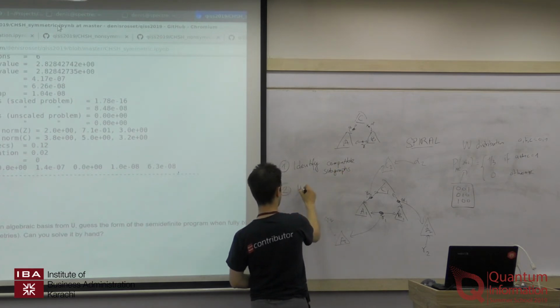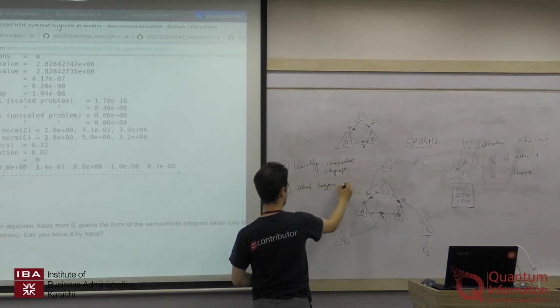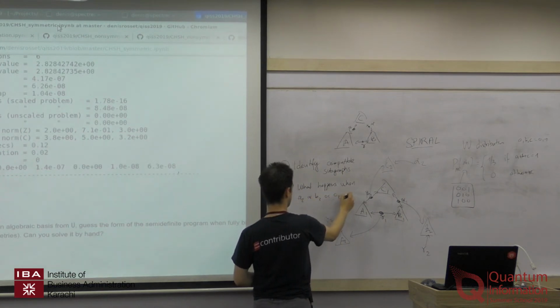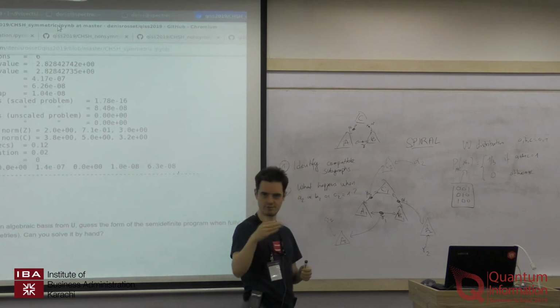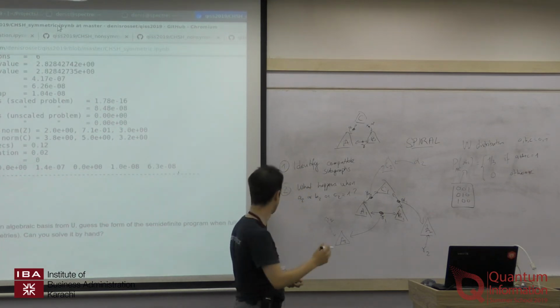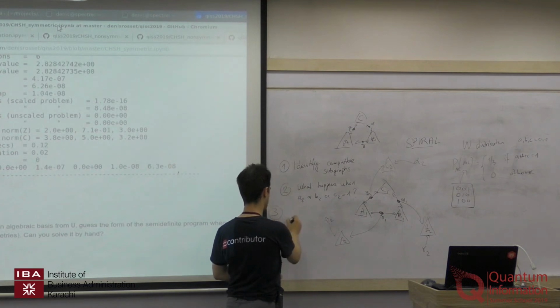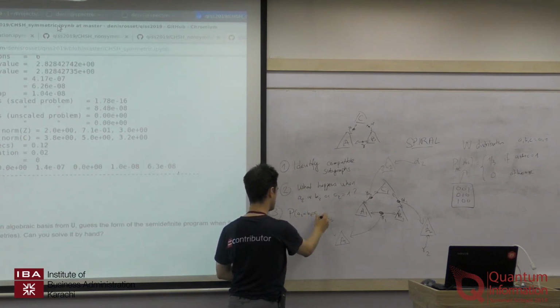The second question is what happens when A2 or B2 or C2 is equal to 1. For each of these conditions, there should be a consequence. The third question is: what's the probability of A2 equal B2 equal C2 equal 1?